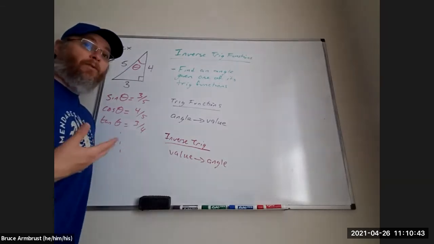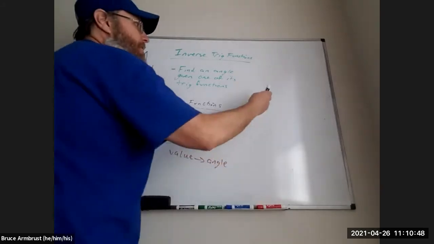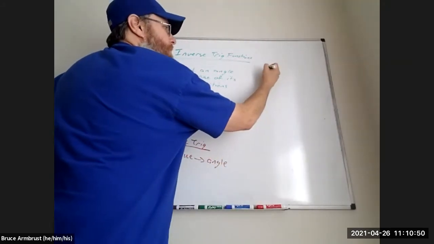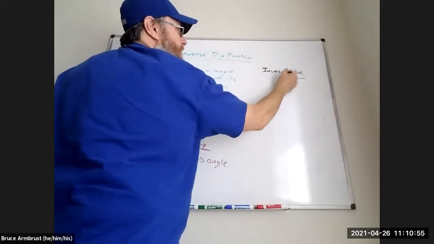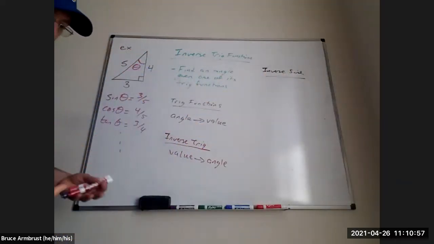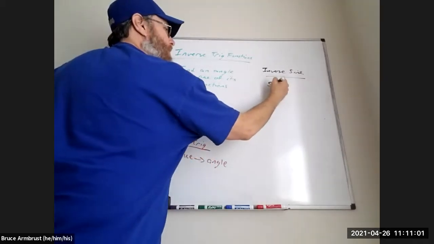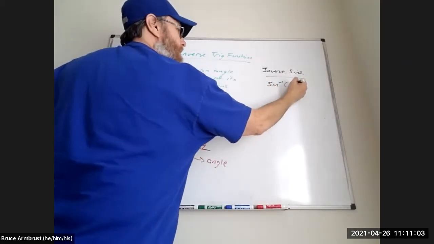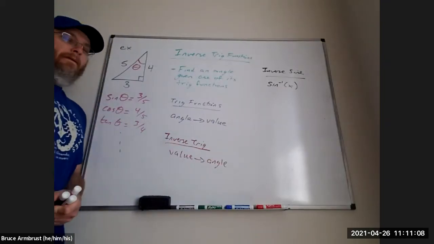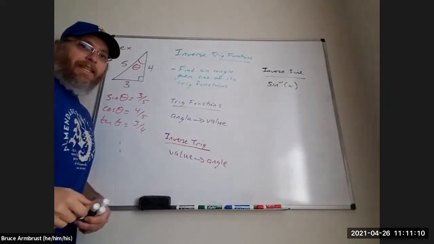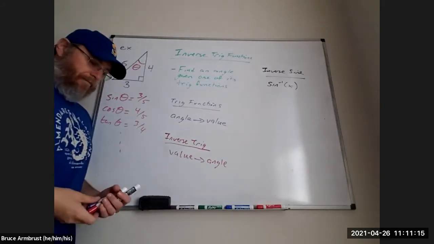All right, now the notation we're going to use is this. So for example, inverse sine. We're not going to write inverse sine because that's way too much for us lazy mathematicians. So we're going to shorten it to this. You'll see there's a little -1 power attached to the sine.